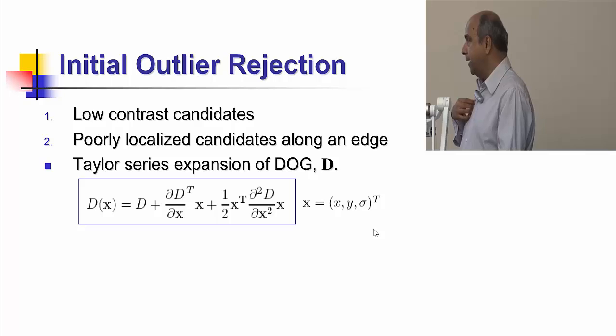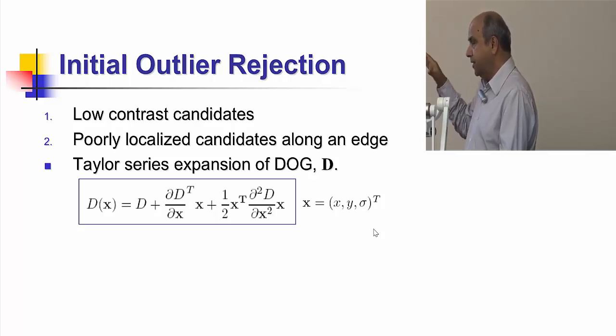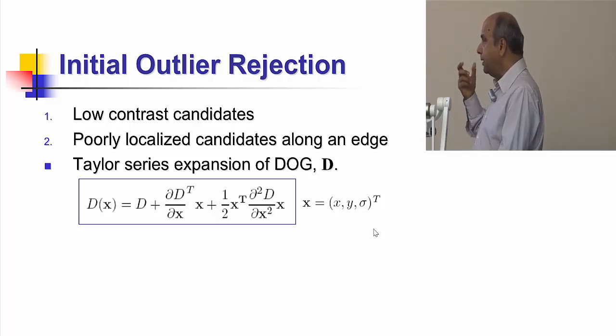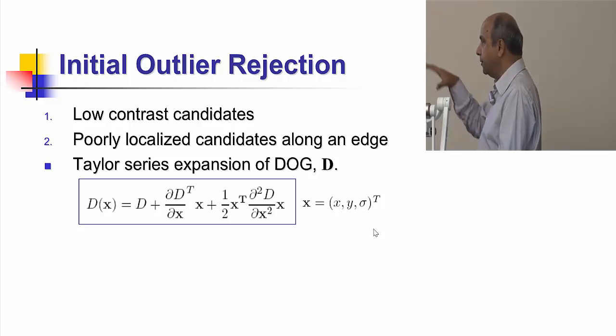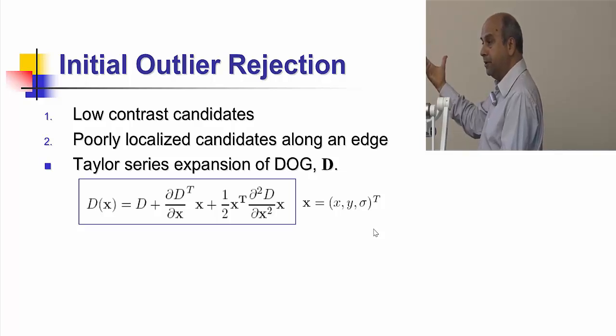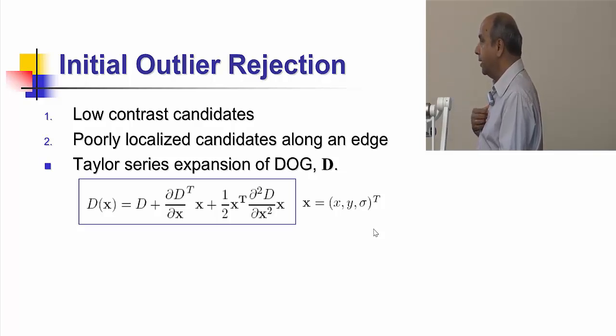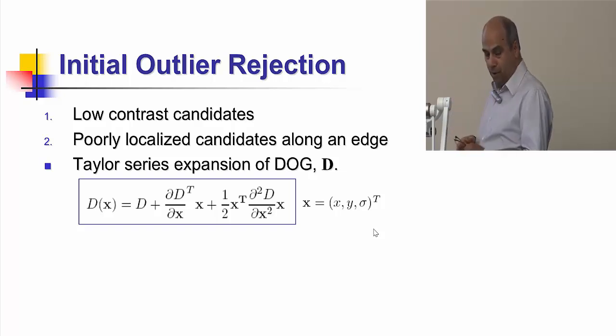We expand the value of D at a given point with the first derivative of D, which is a vector-valued function, differentiated with respect to x, and then the second derivative of D. Because this is a function of three dimensions, we find the derivative with respect to x, y, and sigma, and similarly the second derivatives with respect to x, y, sigma, and so on.